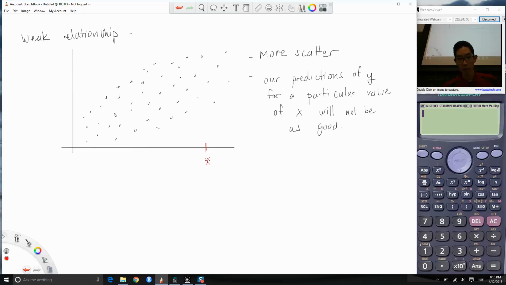So if we look at x here, our predictions for y will have to be within a much wider zone, right?